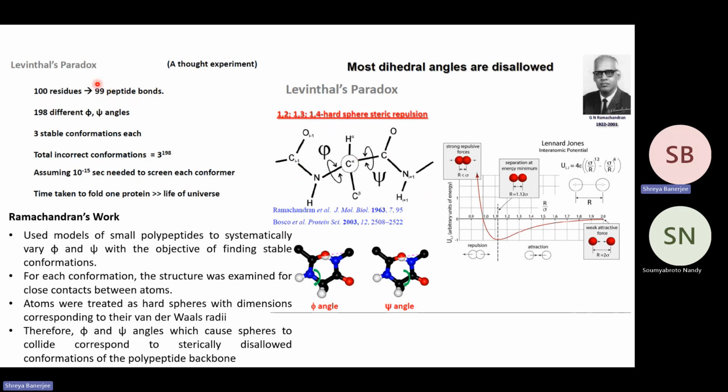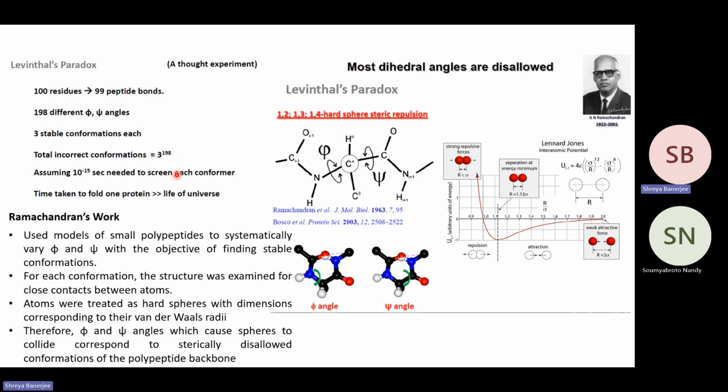So 99 peptide bonds will mean 198 different phi and psi angles, because each peptide bond has one phi and one psi. If you imagine that each angle can exist in 3 conformations, then the total number of possible conformations of all the residues is 3 to the power 198.